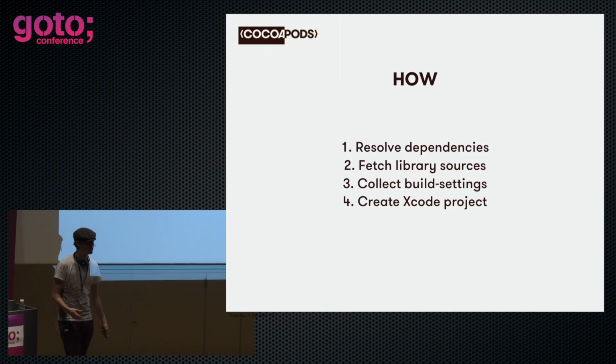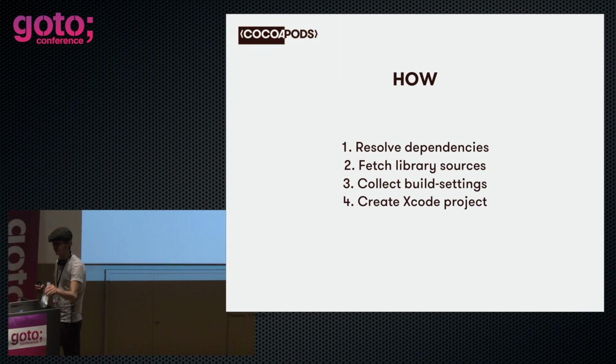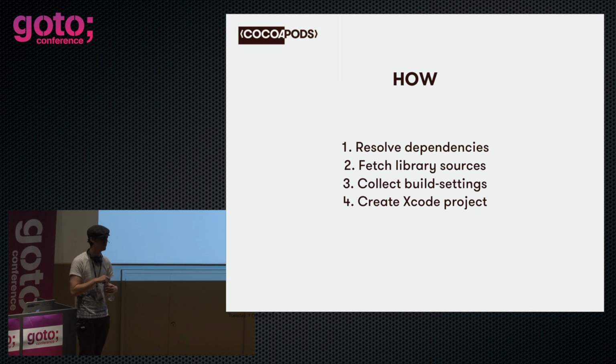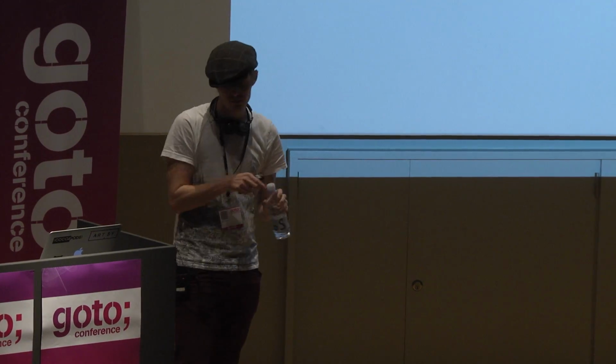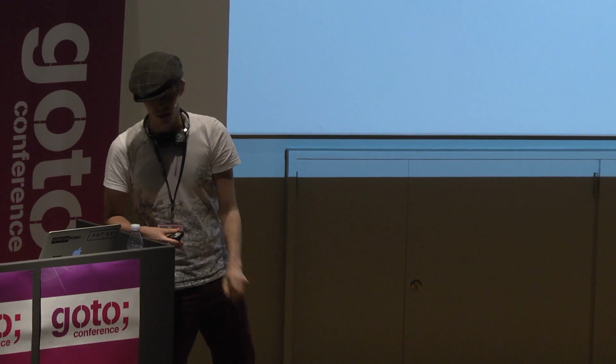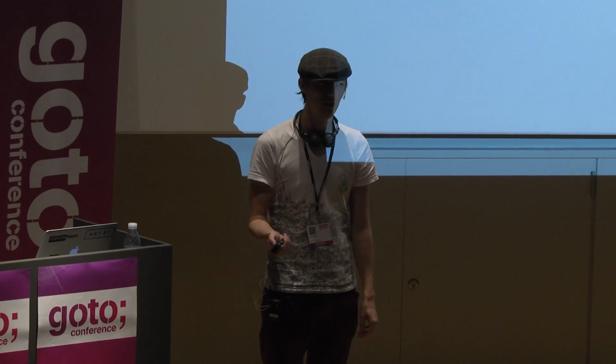And then we create an Xcode project. Arguably this was one of the most controversial moves for CocoaPods when it first started out, and probably one of the major reasons why people hadn't made the project before. Because we have two ways of doing it, in fact, I'll explain.